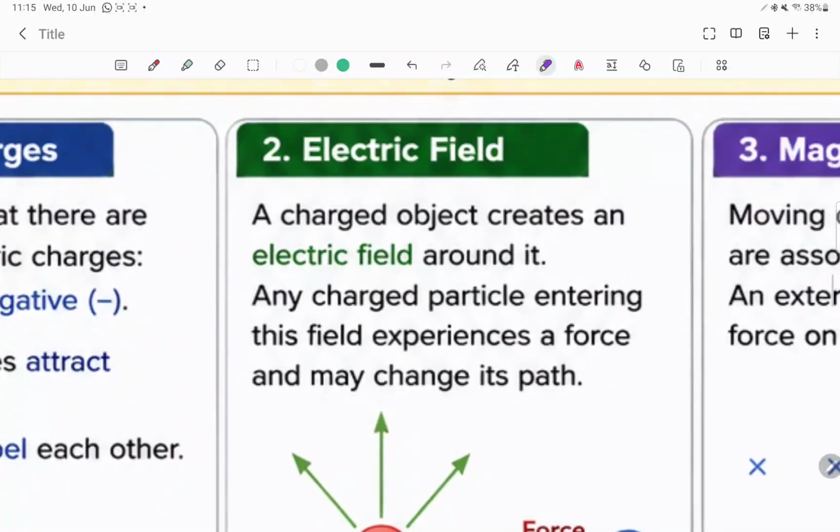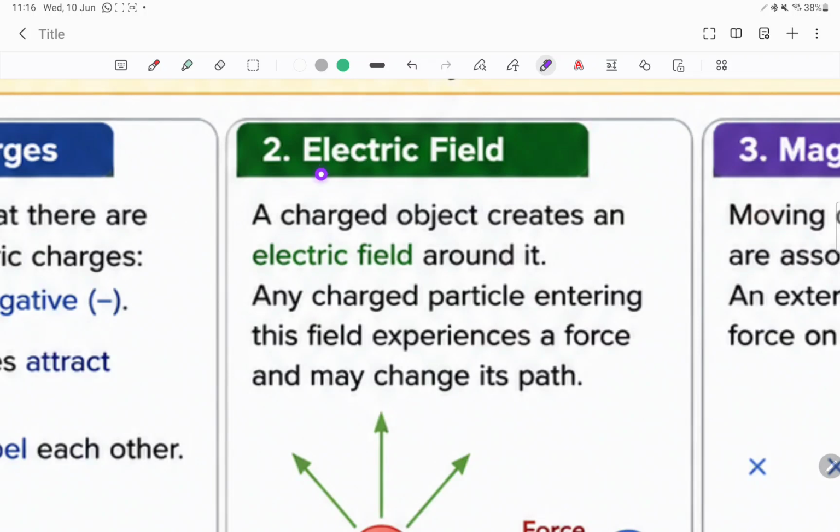Then what about the electric field? How can an electric field be generated? A charged object creates an electric field around it. So how can this field affect others? Any charged particle entering this field experiences a force and may change its path.